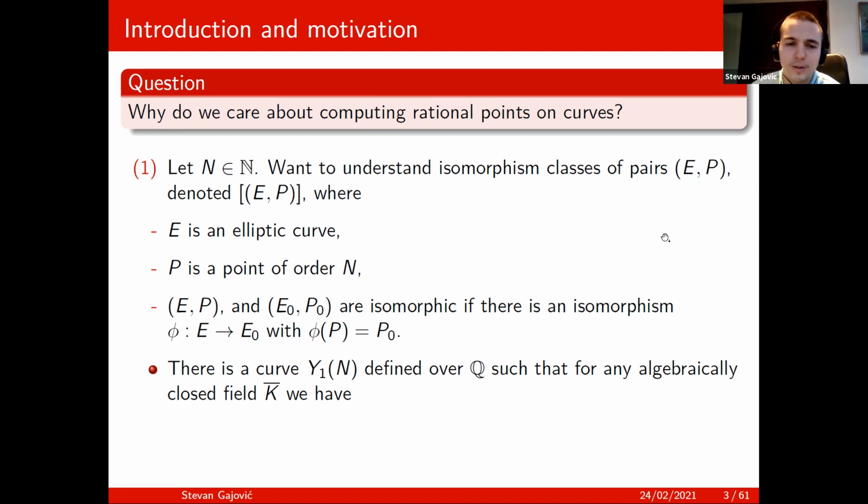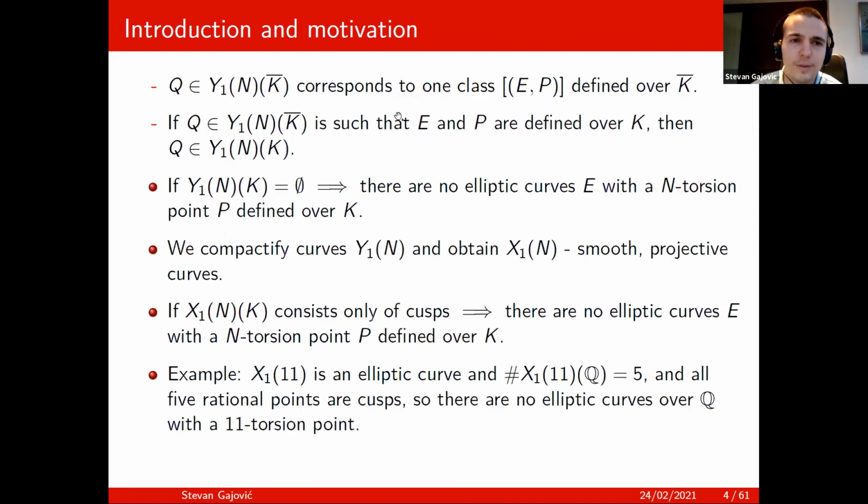If we work over an algebraically closed field, K bar, then there is a curve Y1(n) defined over Q, such that each point on this curve corresponds to exactly one isomorphism class of elliptic curves with an n-torsion point on it, defined over this algebraically closed field.